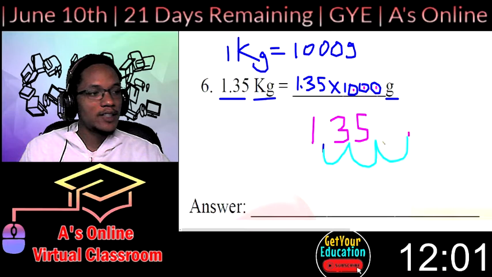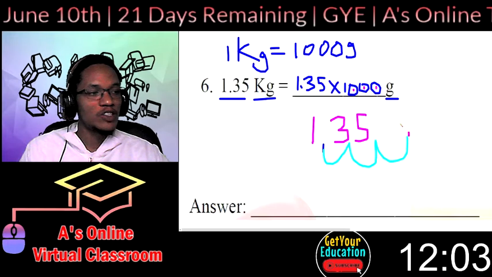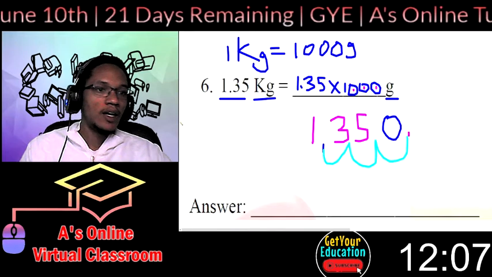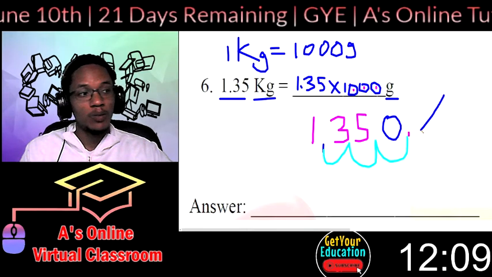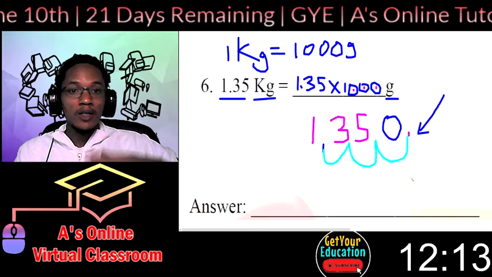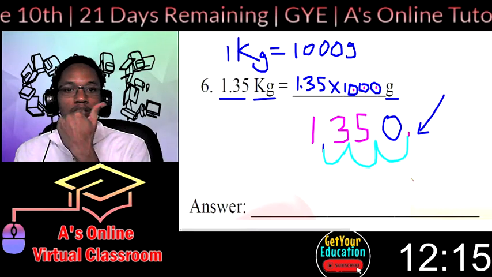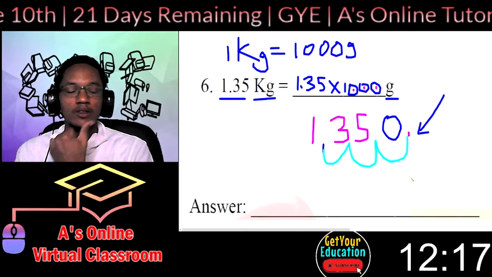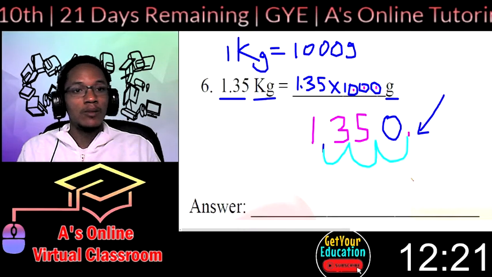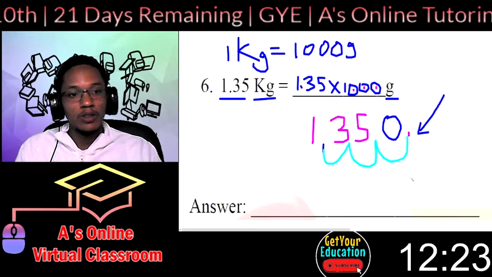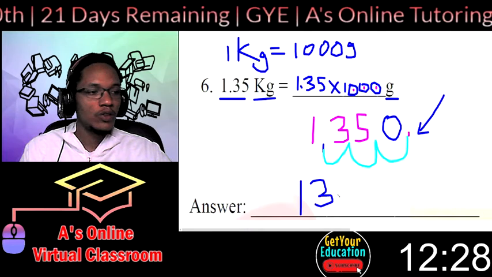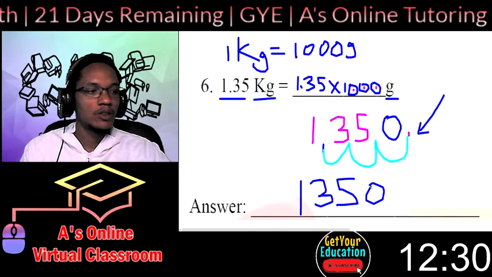So in this empty space, we're going to add a 0 into our number, and that gives us our final answer, where the point is no longer by the 1, it is now at the end. So we're multiplying, so we move the point to the right. Moving the point to the right makes the number bigger, which is what happens when we multiply. So this would be 1,350 grams.